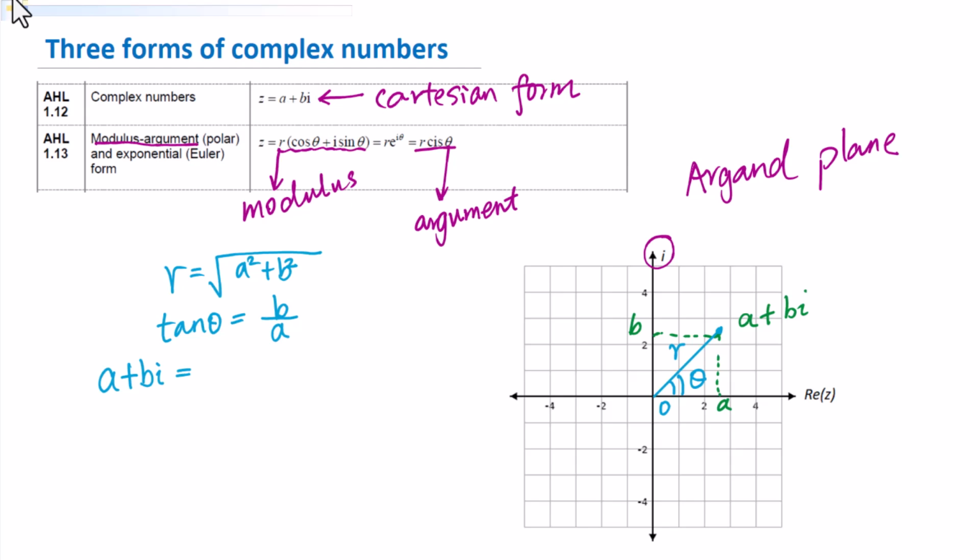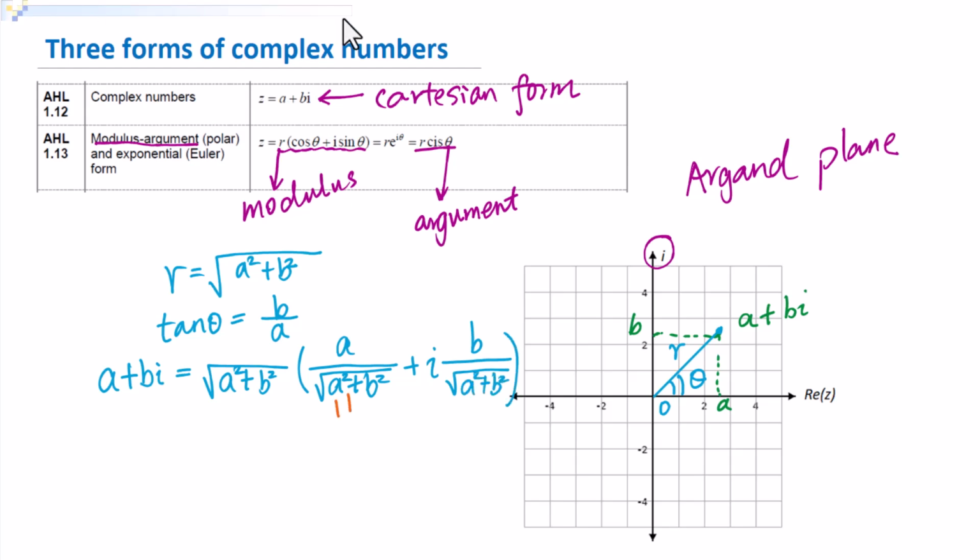For a plus bi, we can take square root a squared plus b squared out. So we have a over square root a squared plus b squared plus i times b over square root a squared plus b squared. This is cosine theta. This is sin theta.